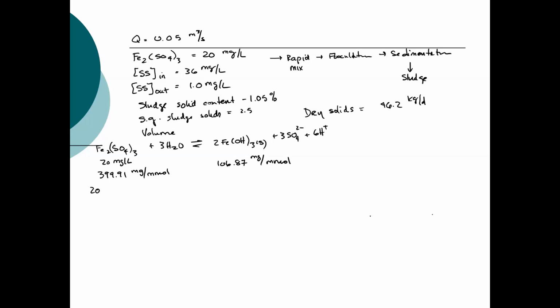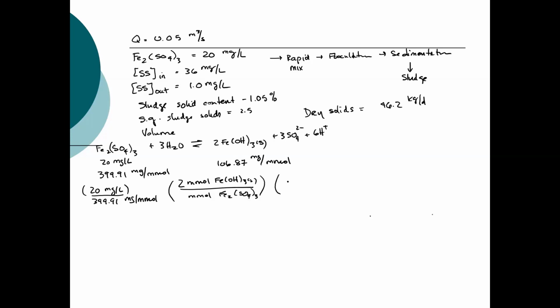So we have 20 milligrams per liter divided by 399.91 milligrams per millimole. That gives us the millimoles of ferric sulfate. We will produce 2 millimoles of ferric hydroxide for every millimole of ferric sulfate that we add.